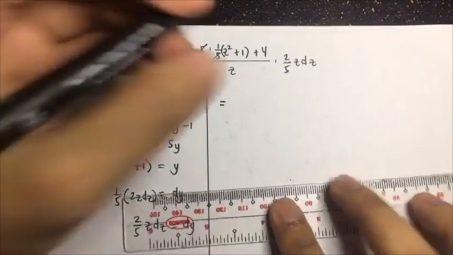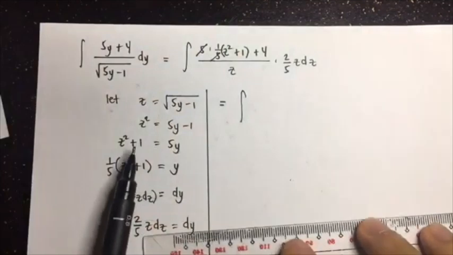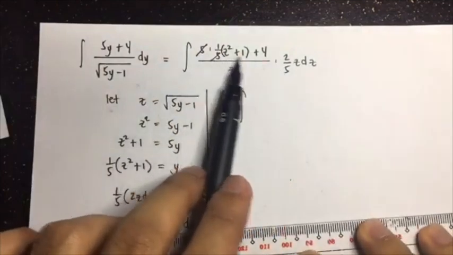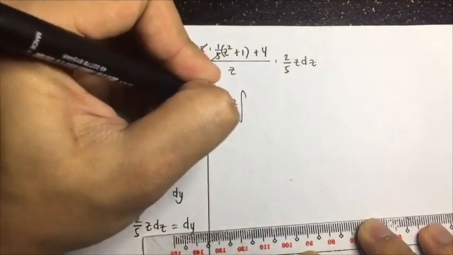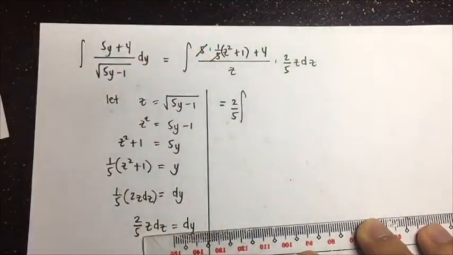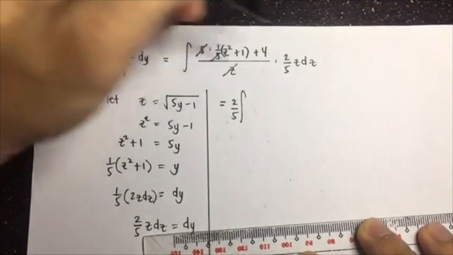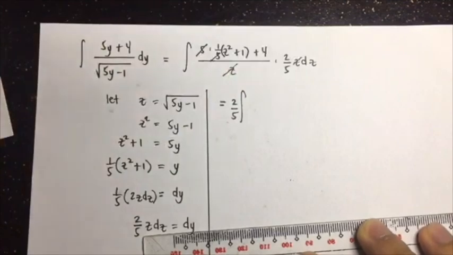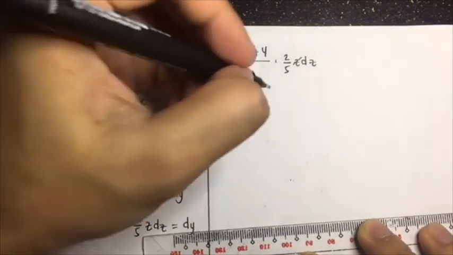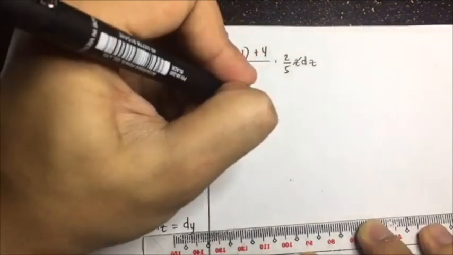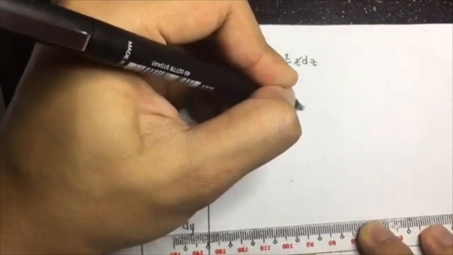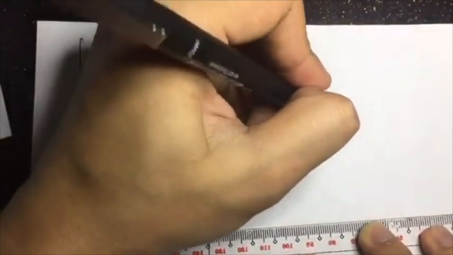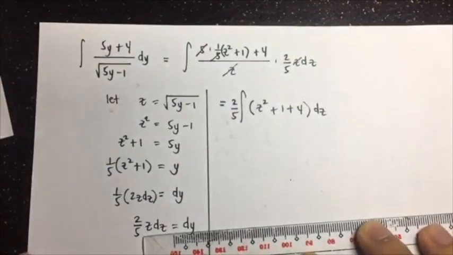Okay, so this will become the integral of, so we have here 2/5, so let's write that outside the integral sign. Then we can cancel out z and z, so what will remain is z squared plus 1 plus 4, dz.